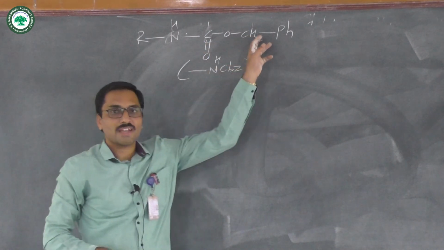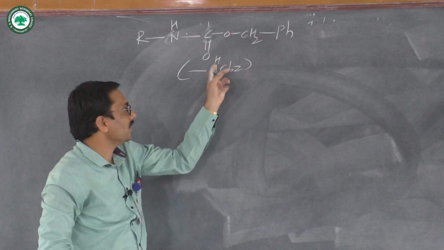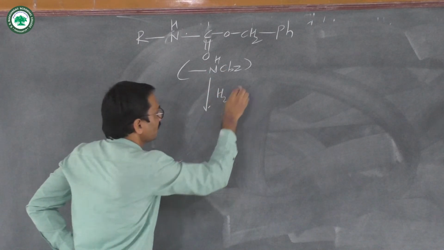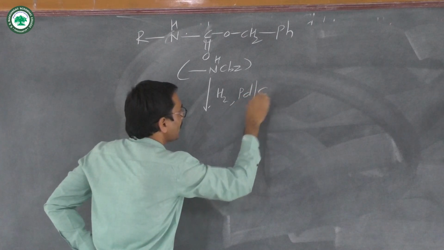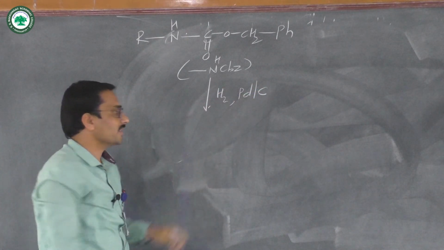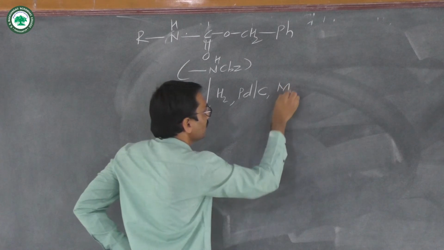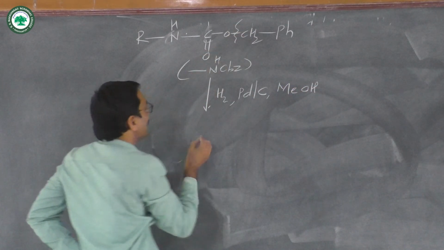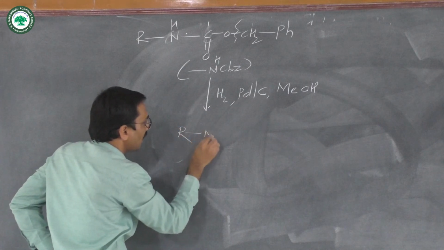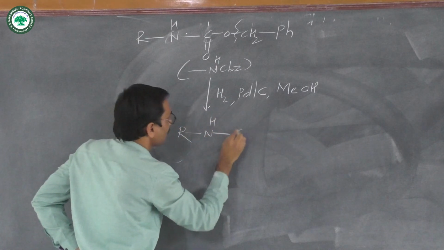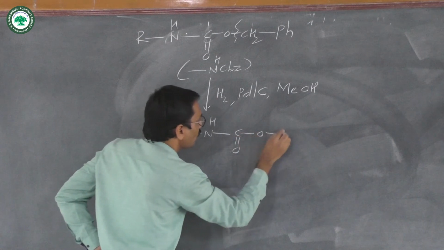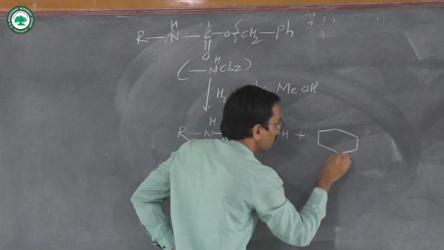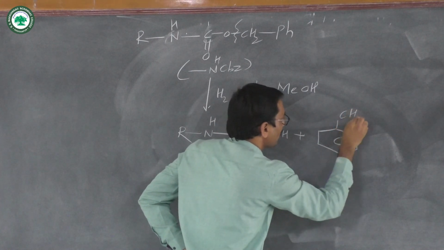This group can be represented as NHCbz. Here we use hydrogenolysis condition, that is H2, Pd/C in methanol solvent. So this bond undergoes cleavage. There is formation of RNH-C double bond O-OH, plus there is formation of toluene as a side product.